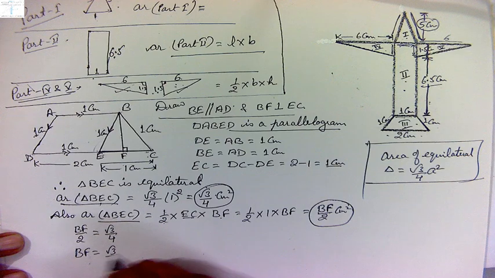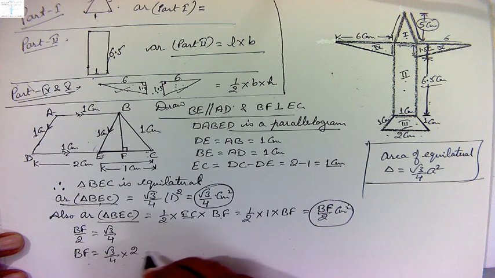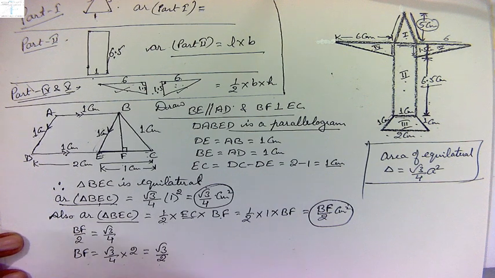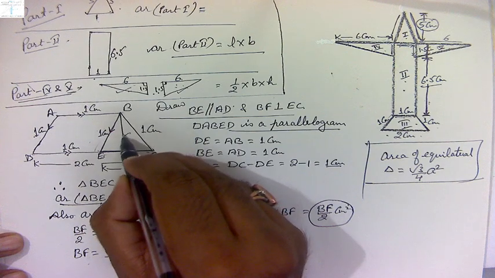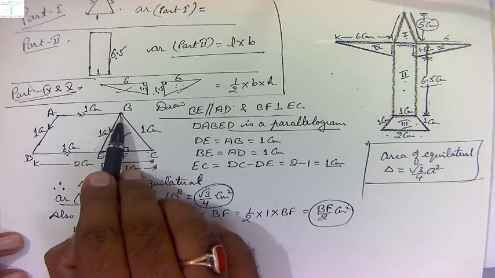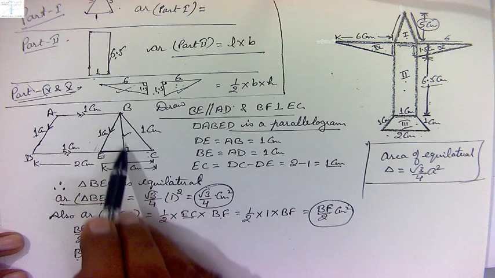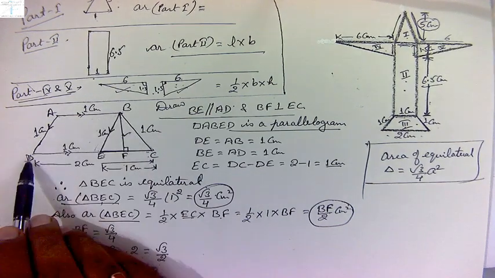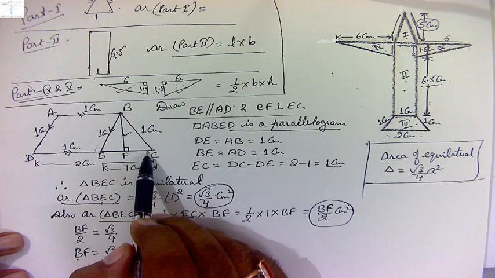It is under root 3 upon 4 multiply 2, that is under root 3 upon 2. So this is the height of triangle BEC. Now whatever is the height of this triangle BEC is also the height of the trapezium.